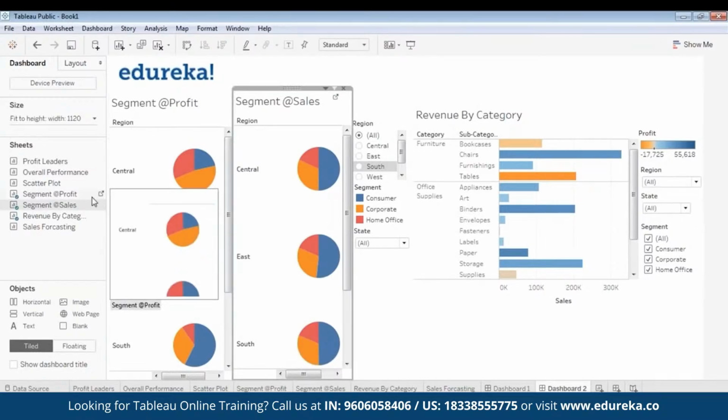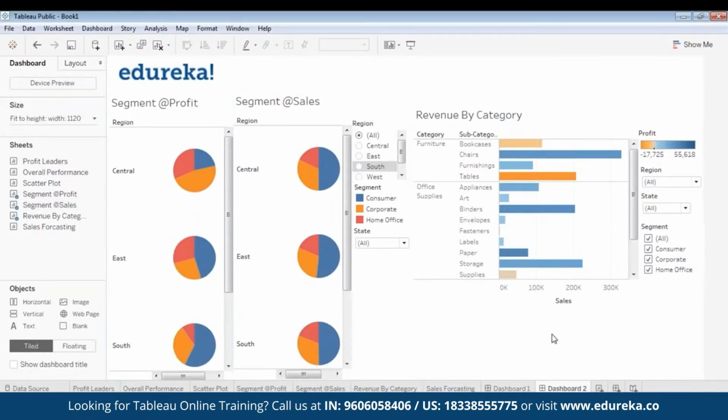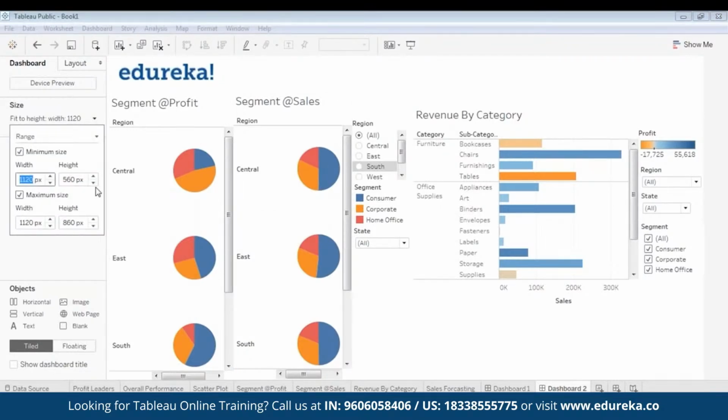Now I want to add my forecast also, right? Where I'll be adding at the bottom, right? Let me just increase the height.